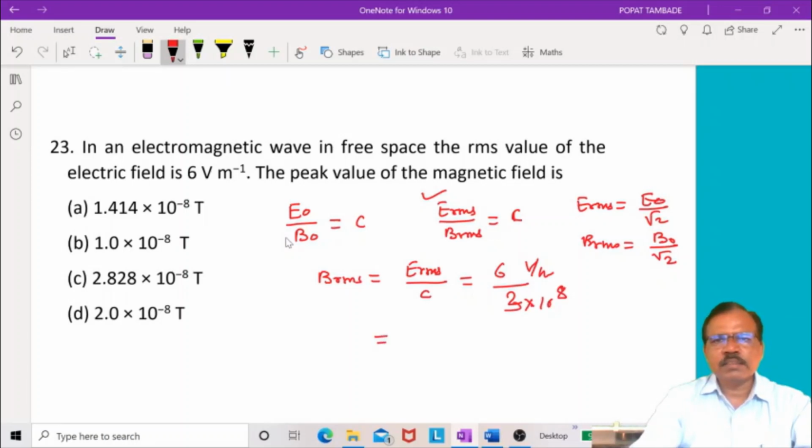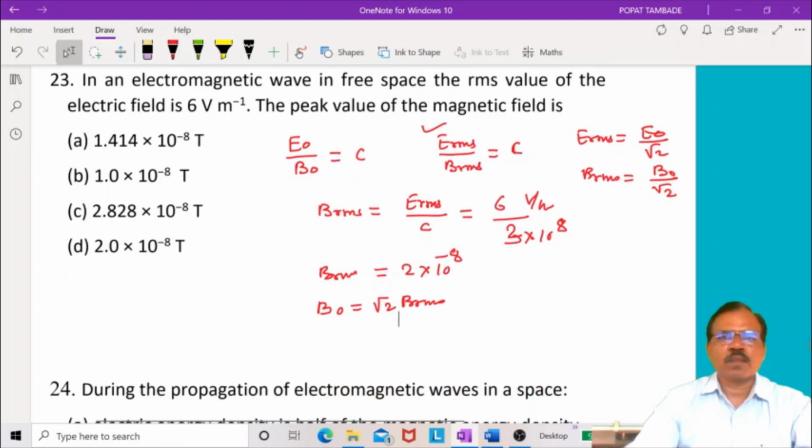So we get this as 2 into 10 raised to minus 8 for B RMS. Now B0 is root 2 into B RMS. So here 2 into root 2. So we get B0 is equal to root 2 into 2 into 10 raised to minus 8 Tesla.